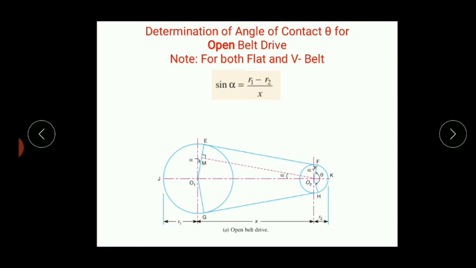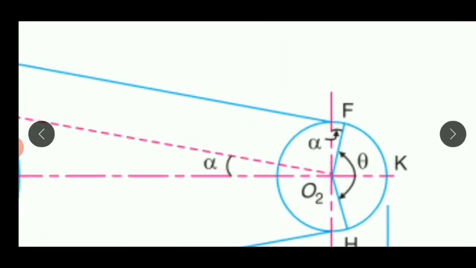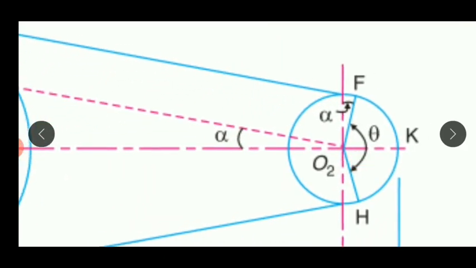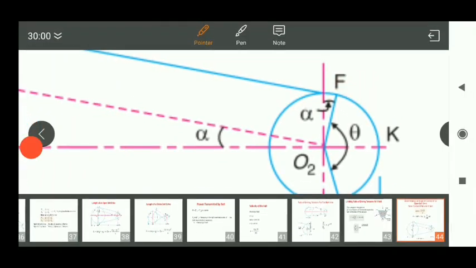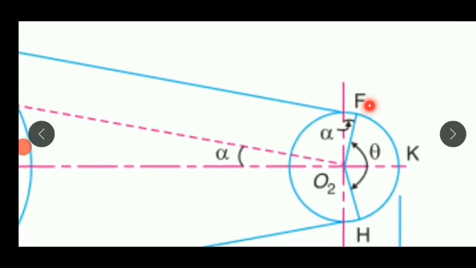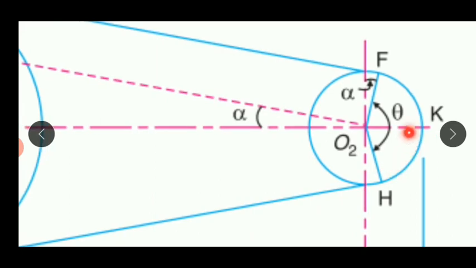So just observe here what alpha is. This is the angle of lap theta, between the points F, K, H over here you can observe. F is joined with O2 and O2 is joined with H. So these lines make an angle with respect to the vertical y axis.